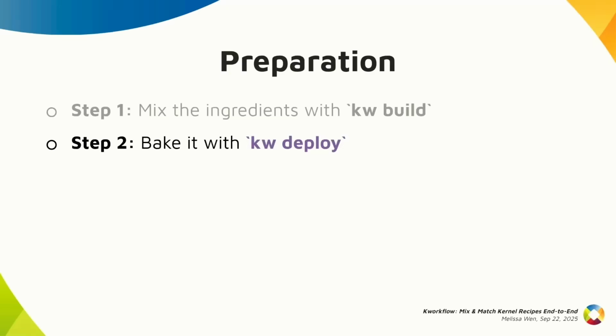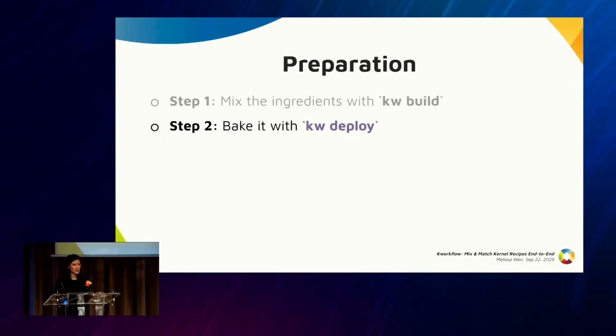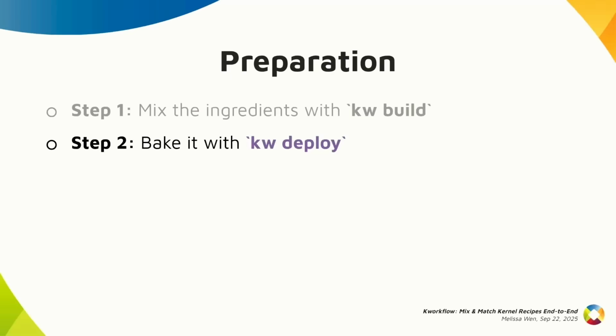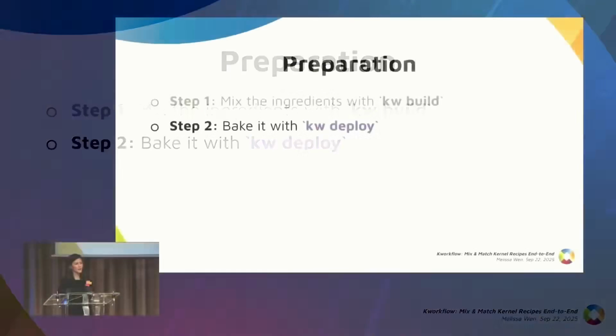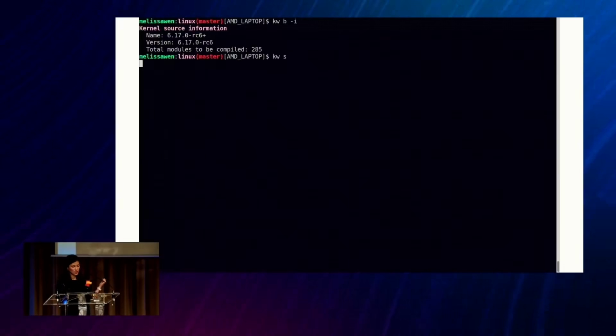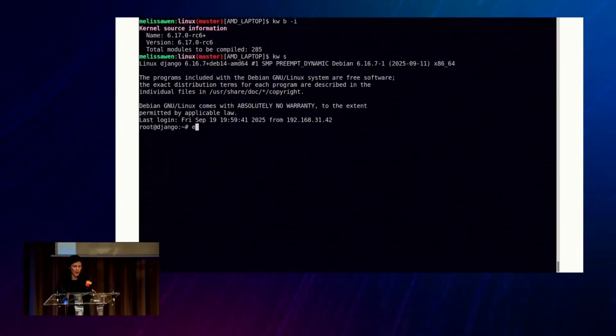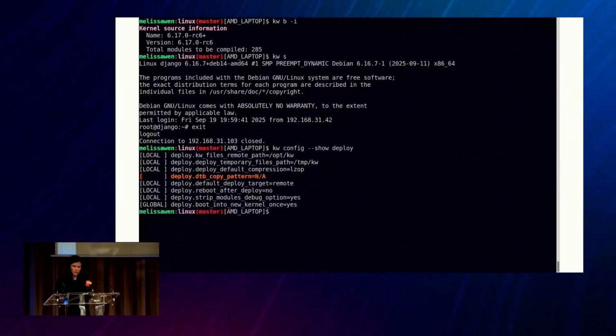Then we need to bake it with kw deploy. So basically we are deploying, installing the custom kernel in a given target machine. You can see that I am using the kernel from the distribution, and then I will check some, okay, it's just passing different information.